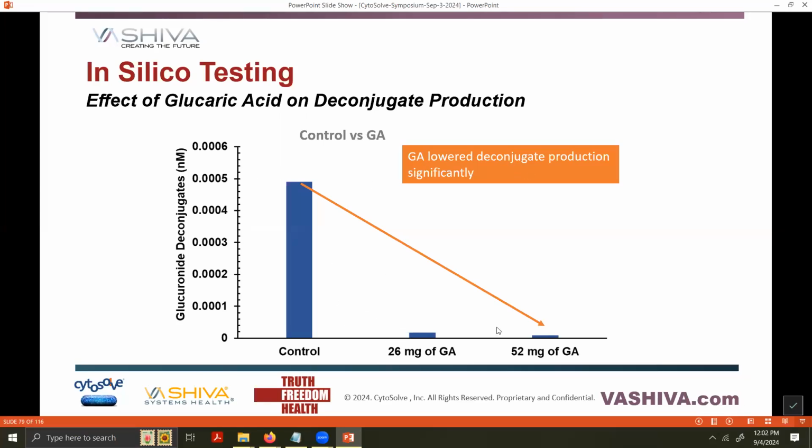We can get more sophisticated with this. This is just an individual ingredient being tested, but even with that, we can say what the maximum amount of a particular ingredient is for the most effect for a particular indication. That's the second biological process, the deconjugation.